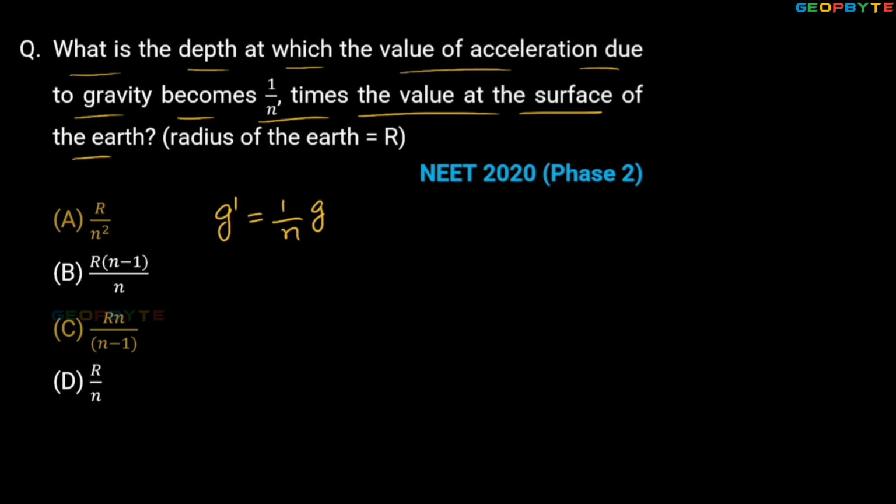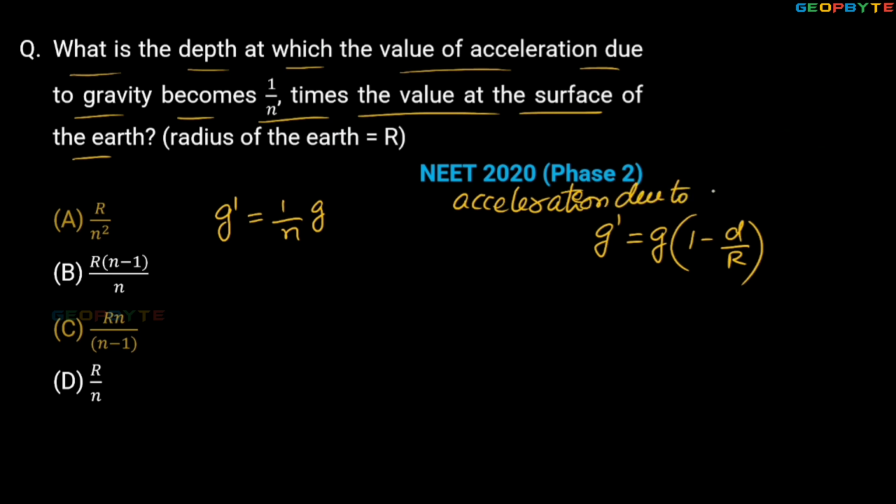As you know, the acceleration due to gravity at depth d equals g into 1 minus d by R.